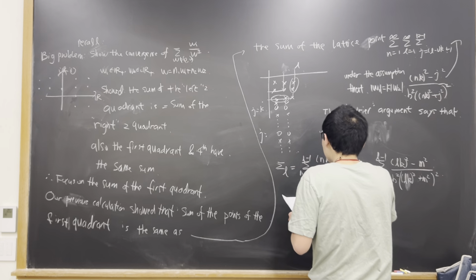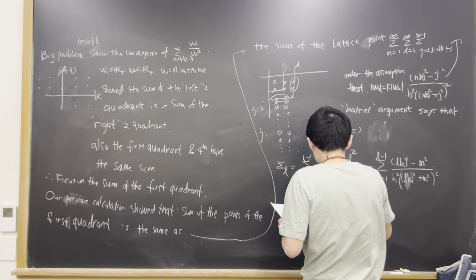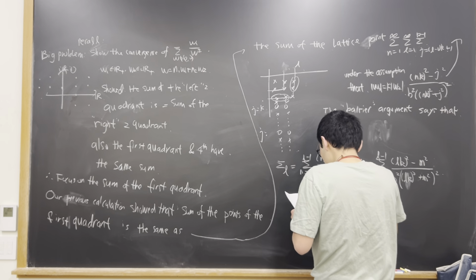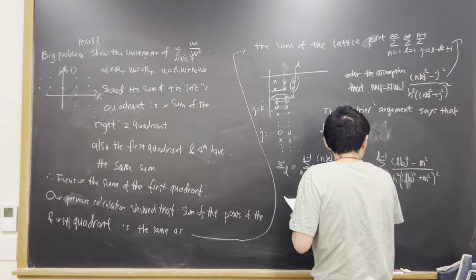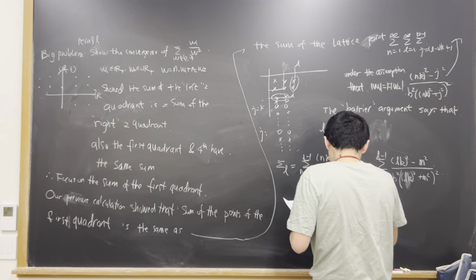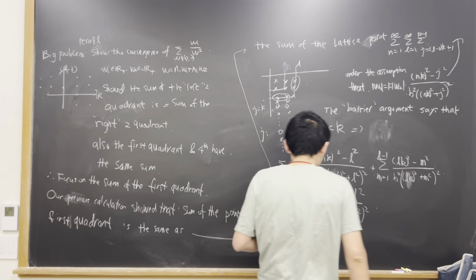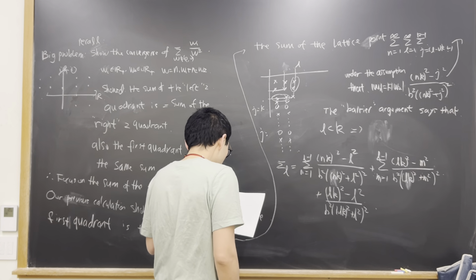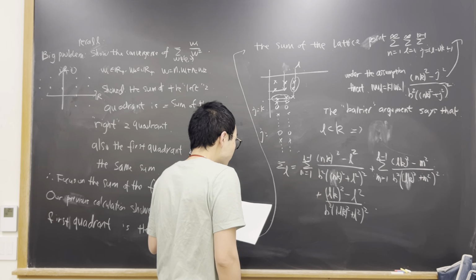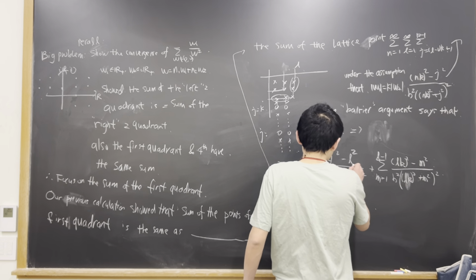So which is where J equal to L and n equal to L. So Lk squared minus L squared over b squared times Lk squared plus L squared. And from here, we analyze the summand, right?